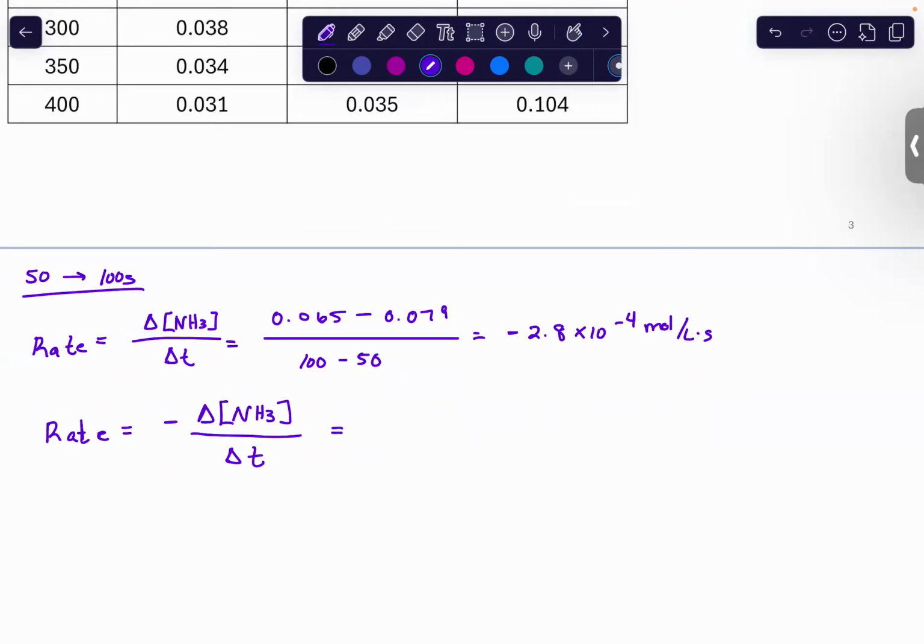In more general terms, that'd be negative than whatever compound A happens to be.